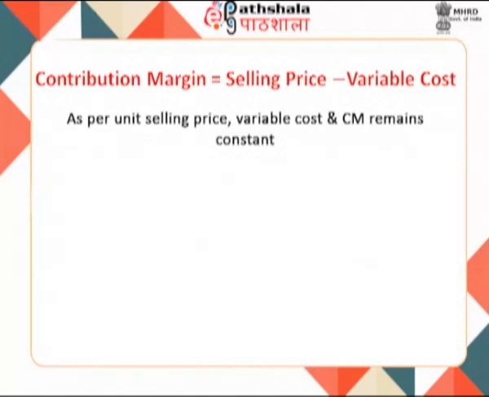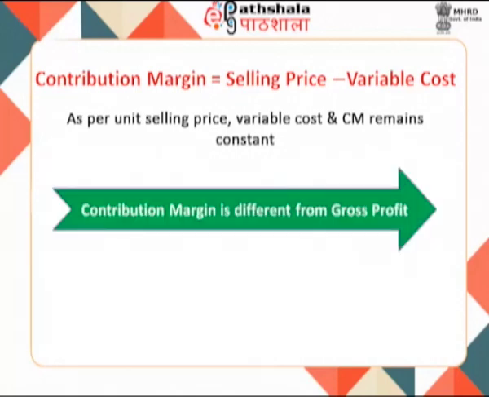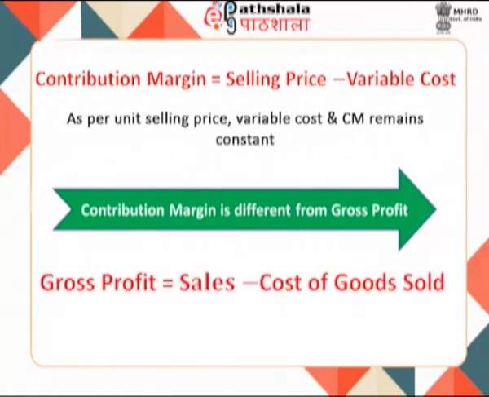As selling price per unit and variable cost per unit are assumed to be constant, the contribution margin per unit also remains constant. The term contribution margin is different from the term gross profit. Contribution margin is the excess of sales over variable cost, whereas gross profit is the excess of sales over cost of goods sold.